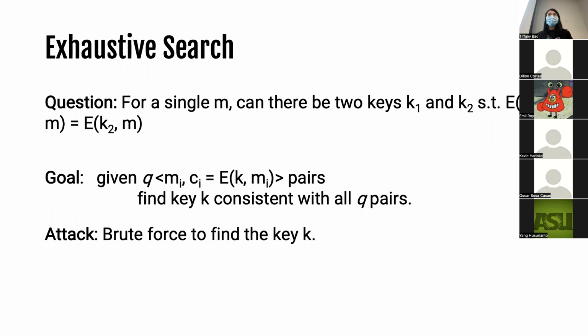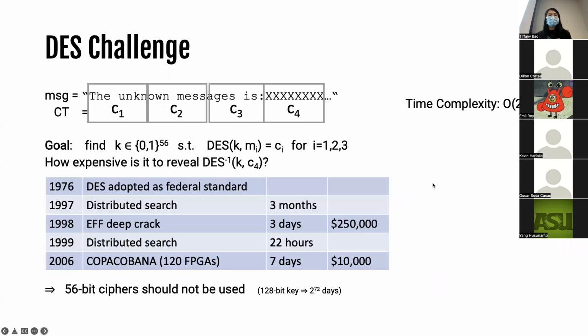The answer is you can enumerate the key values in order, and if you already have these pairs of ciphertext and plaintext, you can try those key values one by one until you find a specific key that makes all those pairs consistent. As long as you enumerate the keys, you will get to the right key. So you can brute force to find the key.